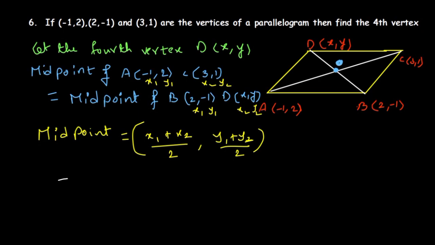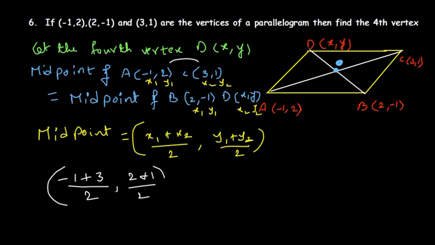Here x1 is -1. That means the AC midpoint I am taking: ((-1 + 3)/2, (2 + 1)/2).